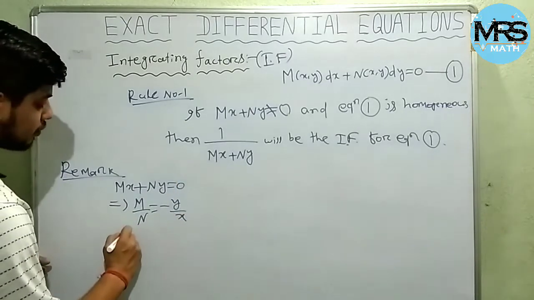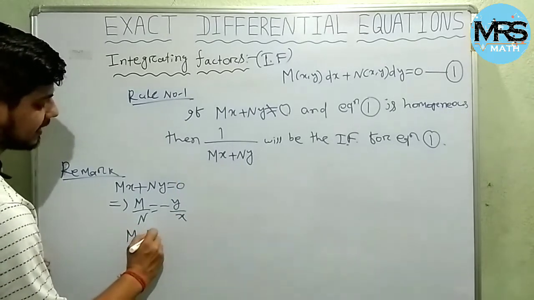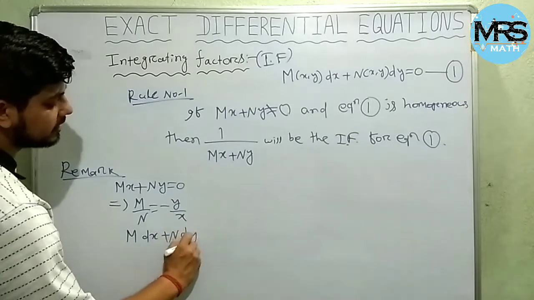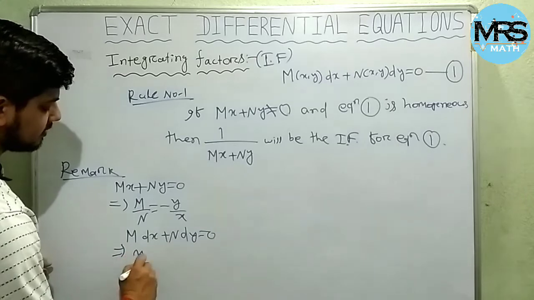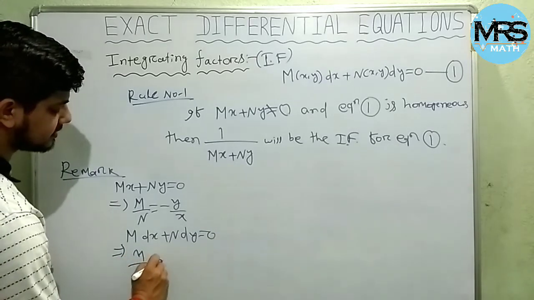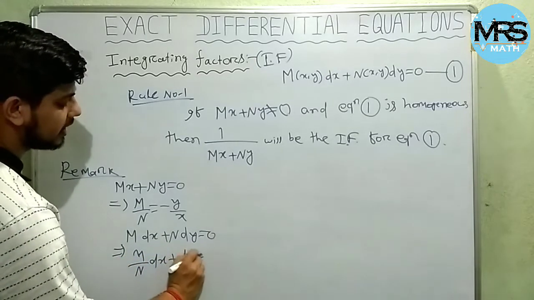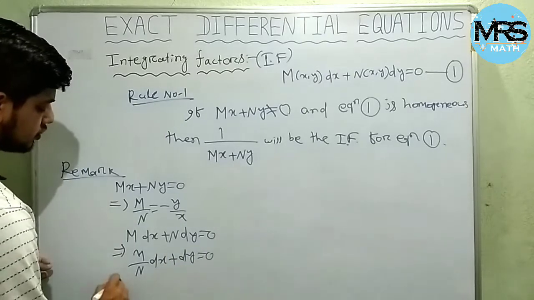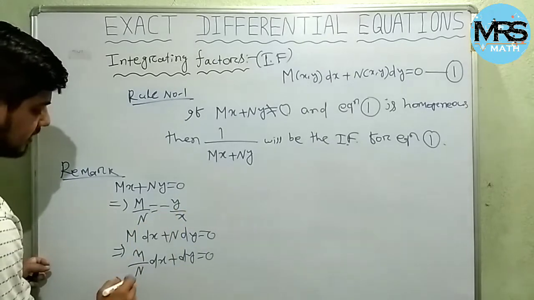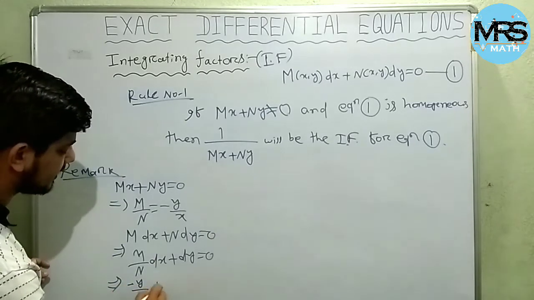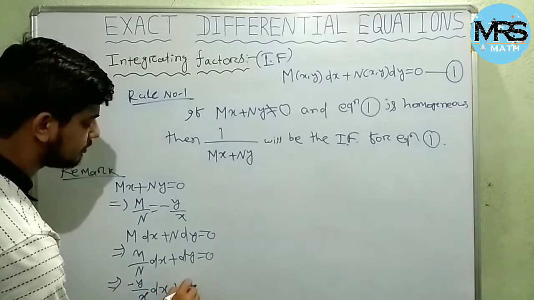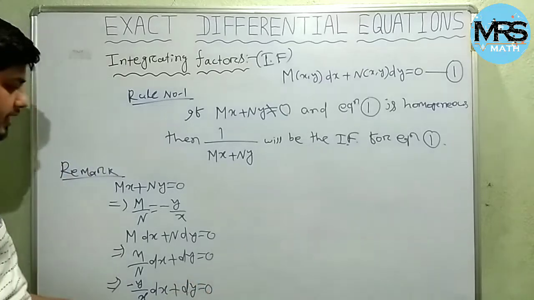From equation 1, M dx plus N dy equal to 0, dividing by N, this is M/N dx plus dy equal to 0. So M/N is minus y by x, so minus y/x dx plus dy equal to 0, right?